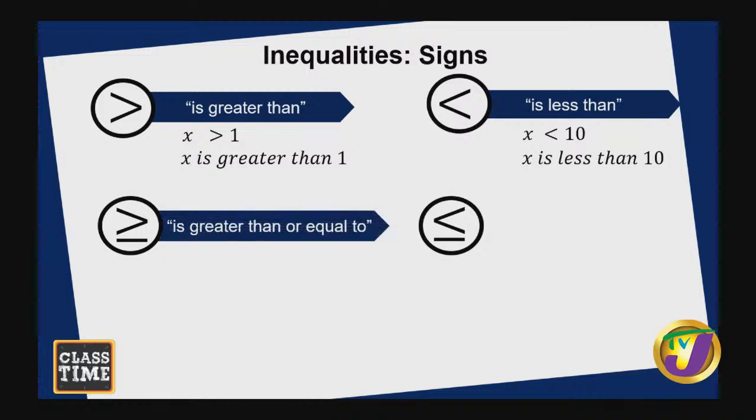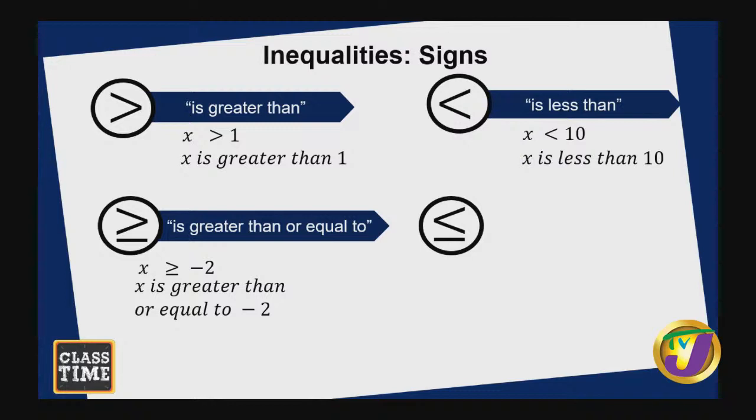The next one is the sign where there is a line under the is greater than sign. It is saying is greater than or equal to. So there are situations where it could be the same amount or greater than, and that is also classified as an inequation.